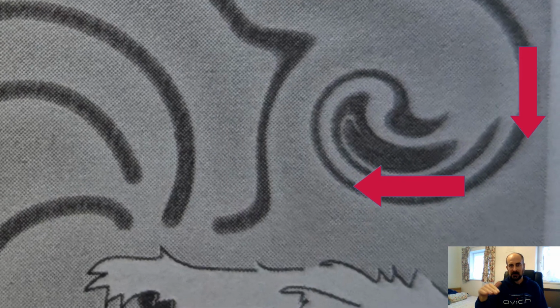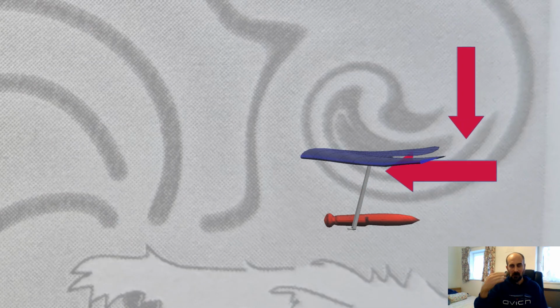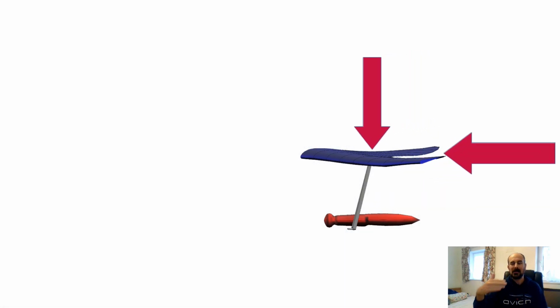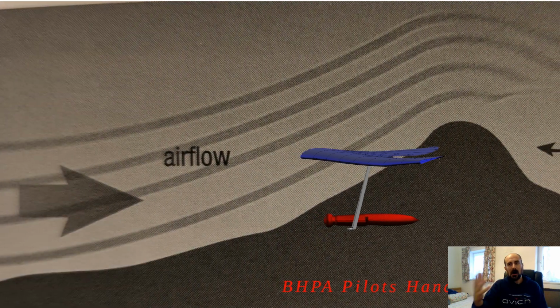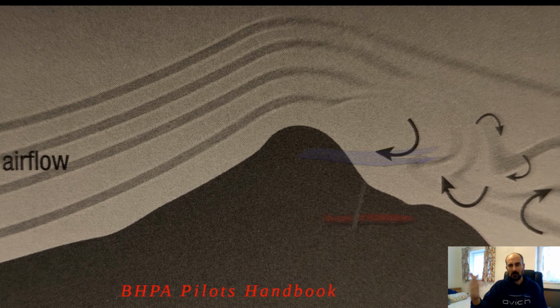That's putting the glider into a negative G situation as the downdraft hits it, but it's also robbing you of airspeed, because if there's a horizontal component to the wind coming from behind, it's stealing some of that airspeed from you as well. So that's putting you into a really, really bad situation. So as I say, behind obstructions, especially behind mountains, is where those sorts of situations could occur.